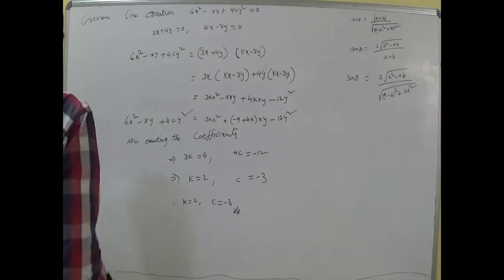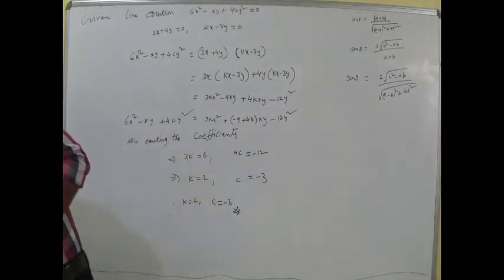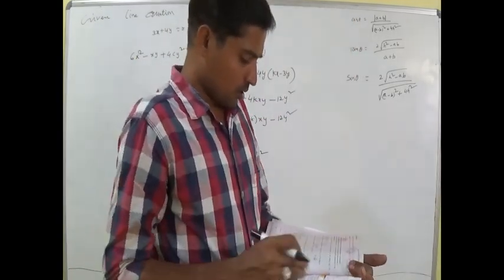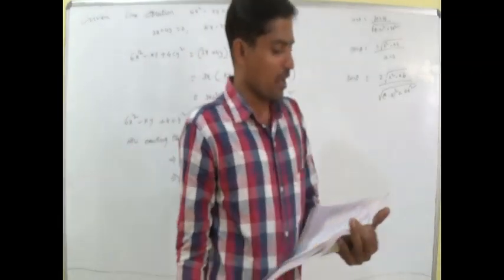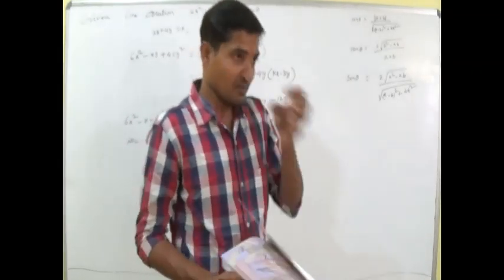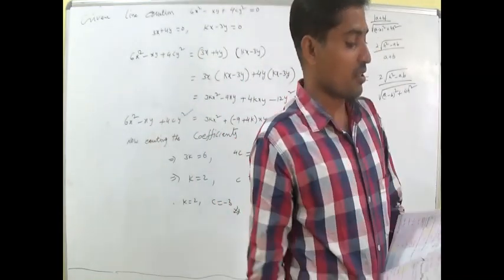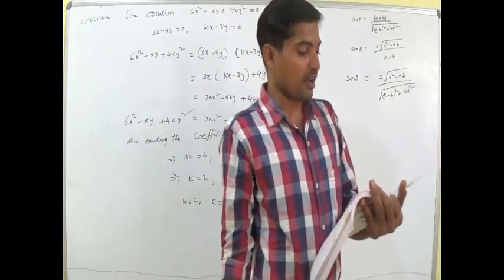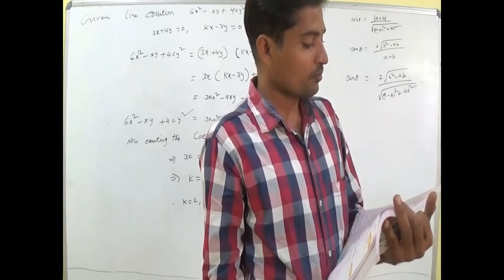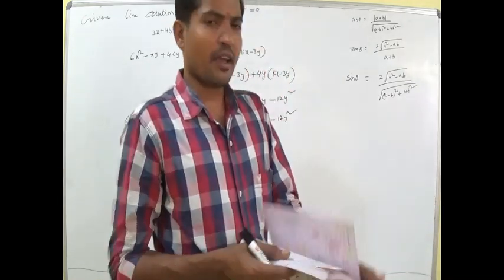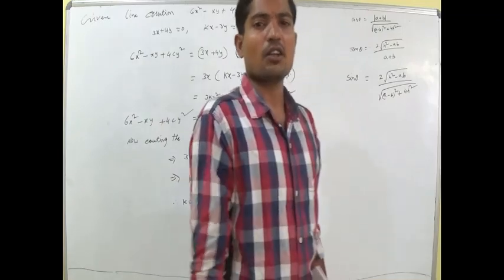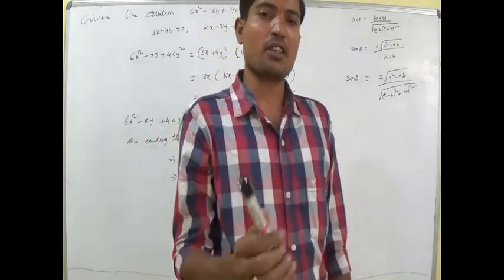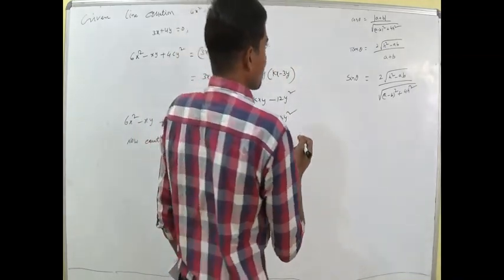Next one, the angle between the pair of lines 6x square minus 5xy minus 6y square equal to 0 is pi by 2. So for the angle between the pair of lines, cos theta equals modulus of a plus b by square root of (a minus b) whole square plus 4h square.